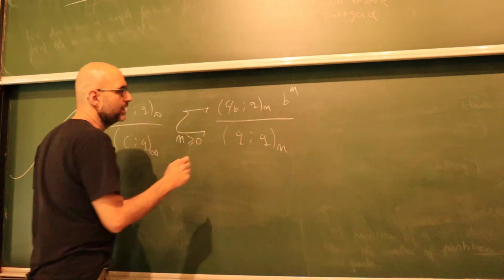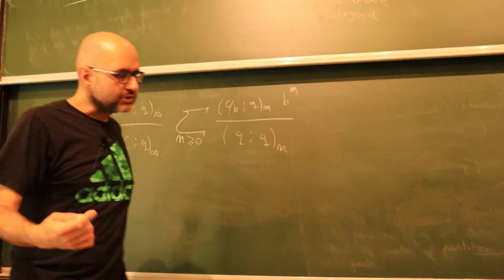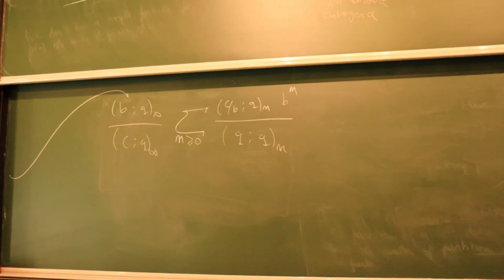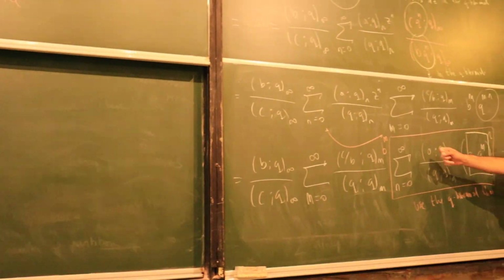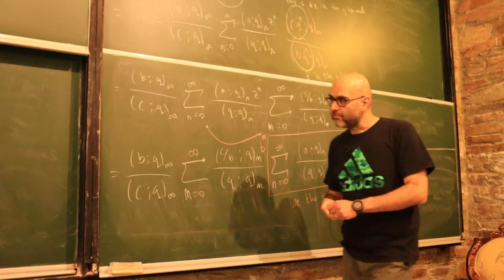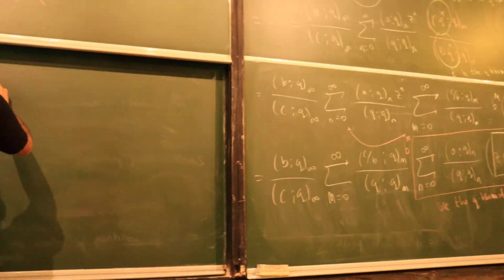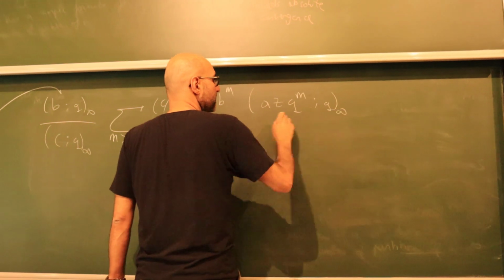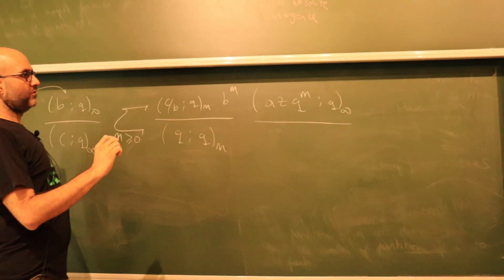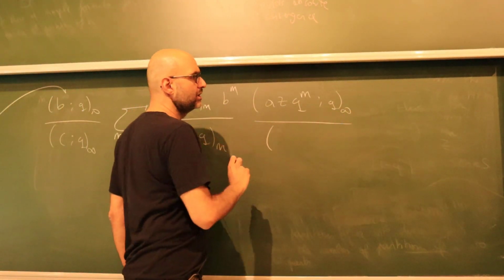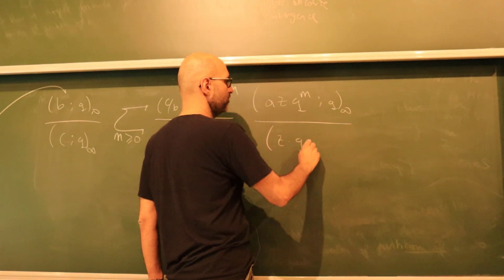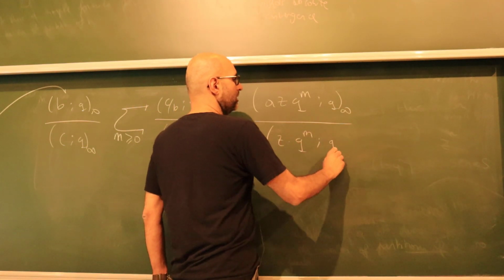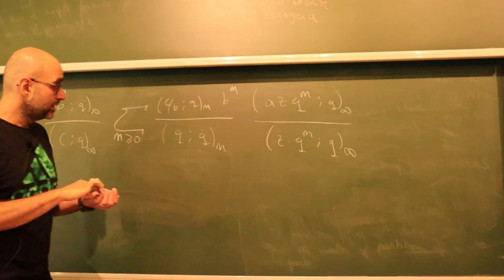The Q factorial downstairs, and then we said apply the Q binomial theorem. What's A times Z? A times Z times Q to M, Q sub infinity. And Z is Z times Q to M sub infinity.